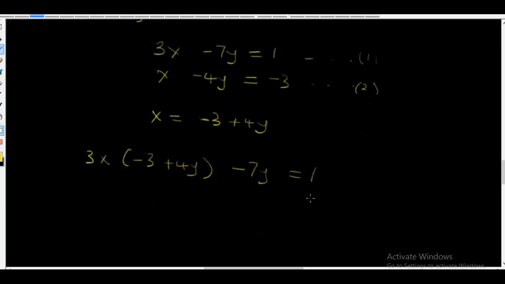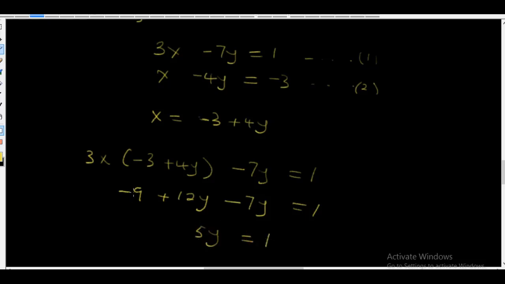Using equation 1 now, we substitute for x in equation 1. So 3 times minus 3, you get minus 9. 3 times plus 4y, you get plus 12y, minus 7y is equal to 1. So let's bring the like terms together. 12y minus 7y is equal to 5y, minus 9 is equal to 1.